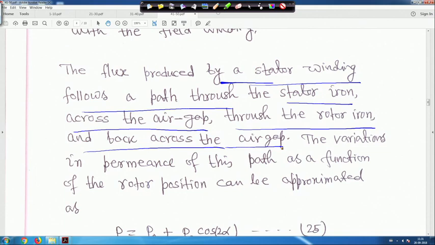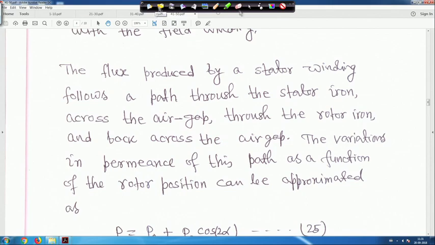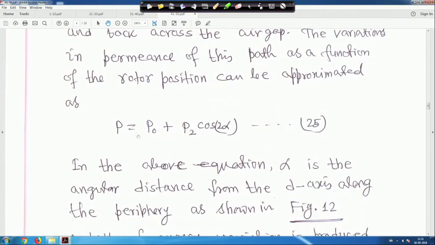This you have studied in synchronous machines. Therefore, the variation in permeance of this path as a function of the rotor position can be approximated as follows. We will approximate the permeance as P equals P0 plus P2 cos 2 alpha. What is alpha? We will see through the diagram also. This is equation 25.